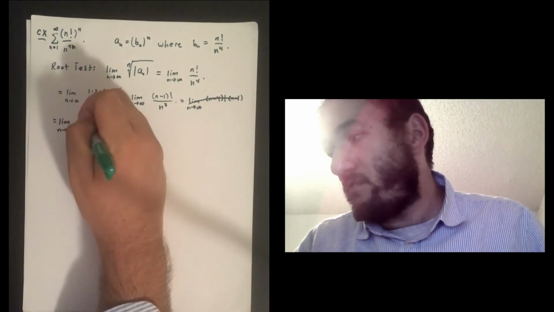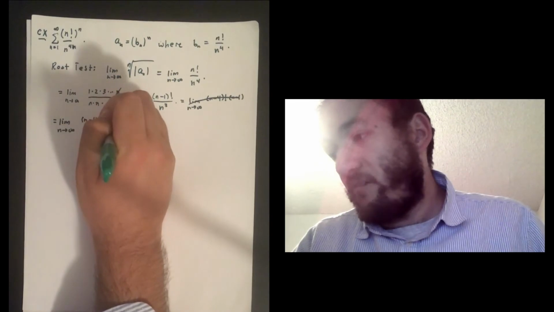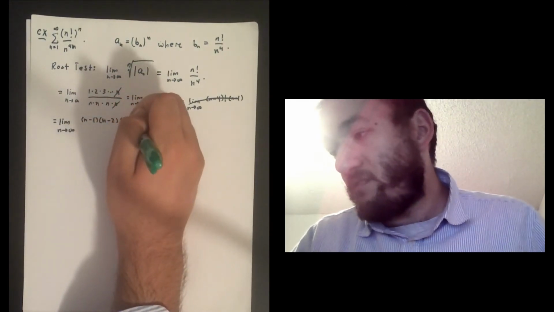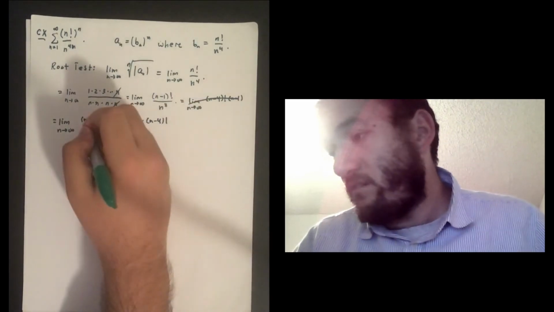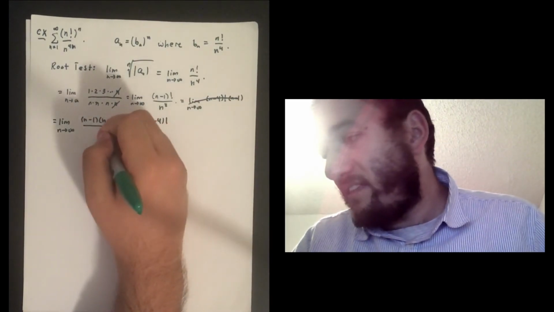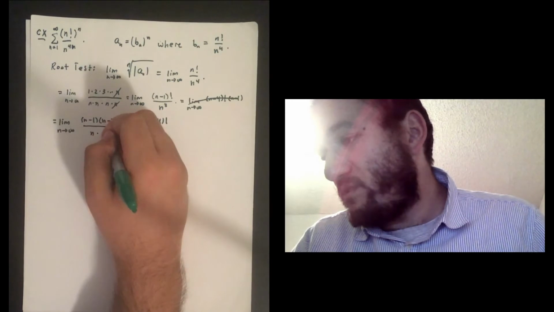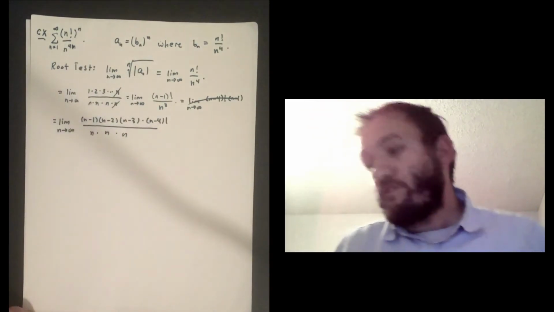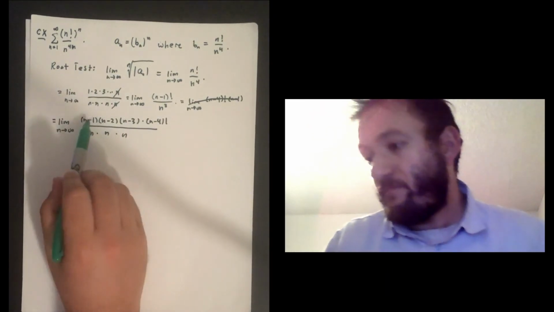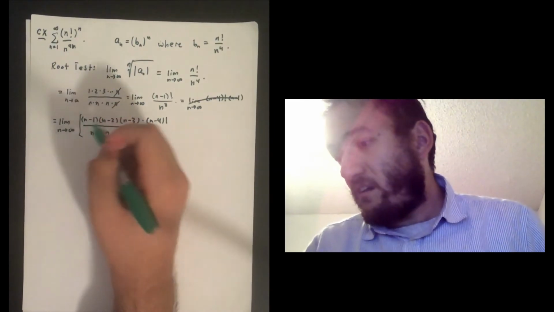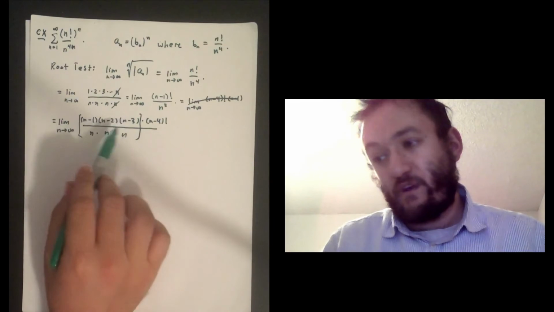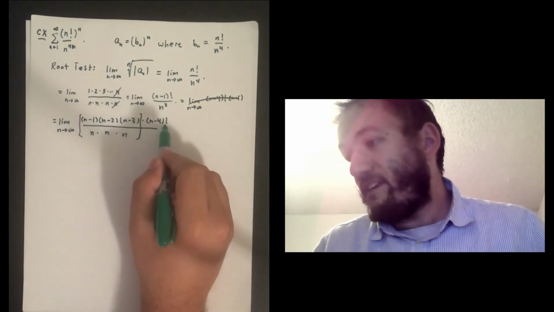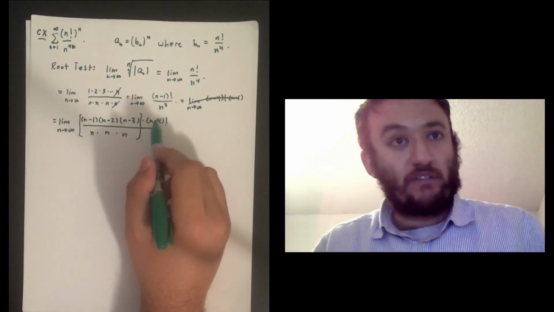I'm going to rewrite this over here. So we'll have n minus 1, n minus 2, n minus 3, and then multiply that by n minus 4 factorial, and divide that by n cubed, which is just n times n times n. So what you see is that you have here an expression that's going towards 1 as n gets very large, and this is getting infinitely large as n gets large.